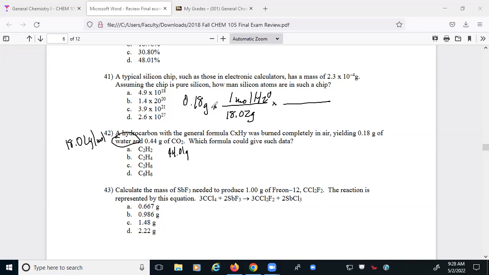We can convert the grams of water into moles. Since we're looking for hydrogen, we need to turn the moles of water into moles of just plain old hydrogen. How many hydrogens do I get out of every single water? 2. So here's going to be the difference.